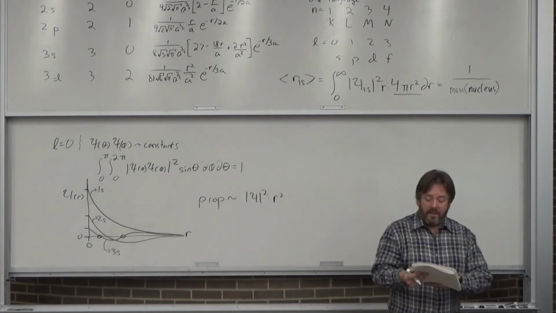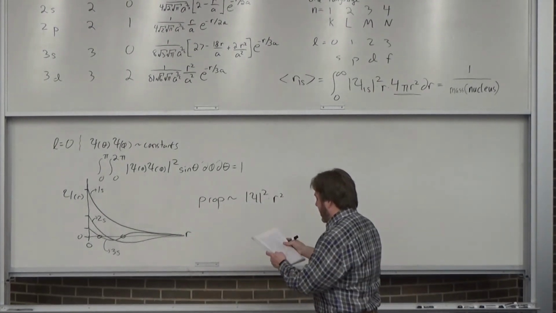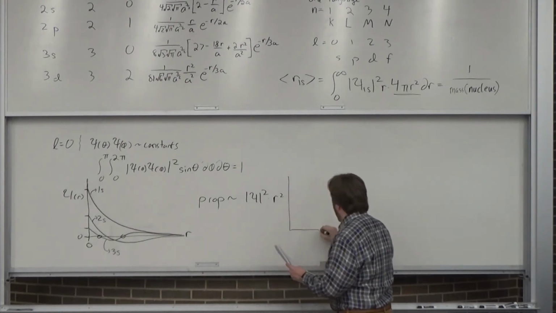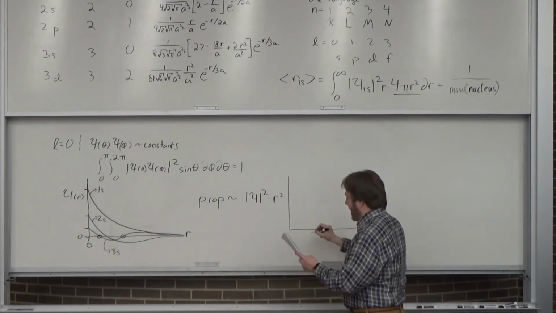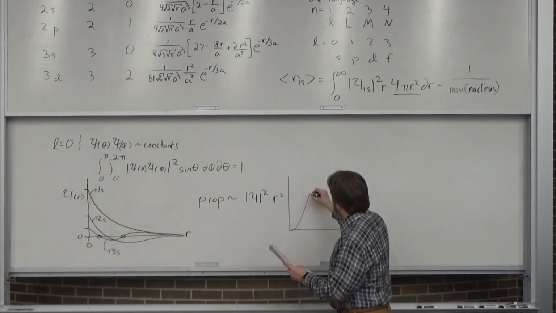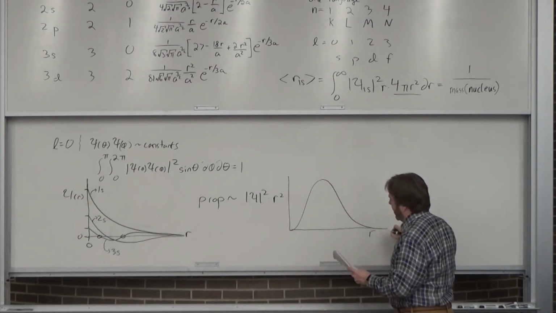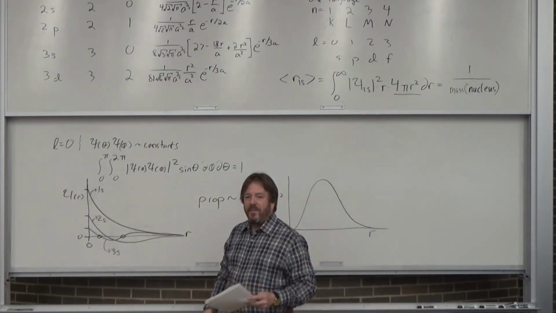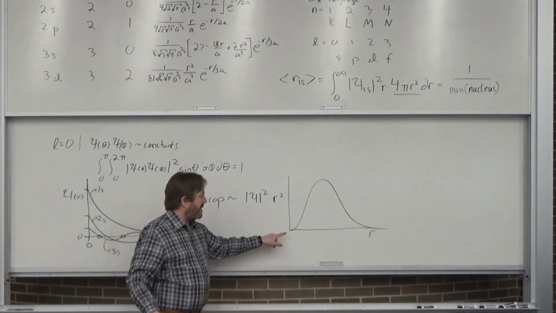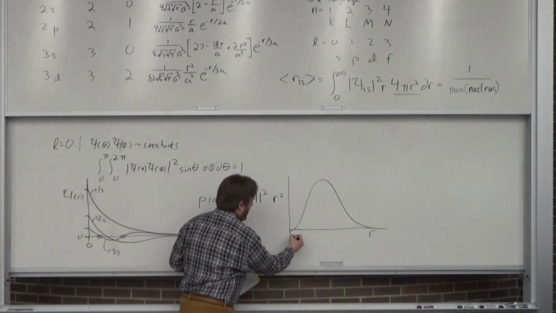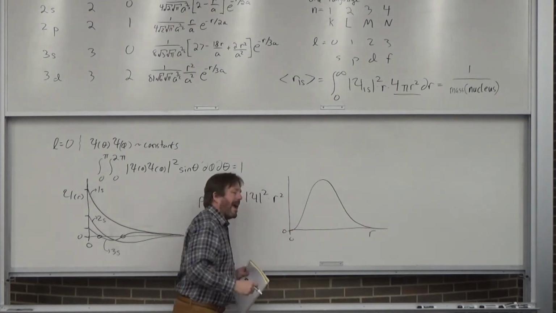Okay, so now if I plot that, wave function squared times r squared versus r, for any of these states, it's actually going to look like this. The multiplying factor of r squared means that it actually is 0 at 0. It's important to label your axes.